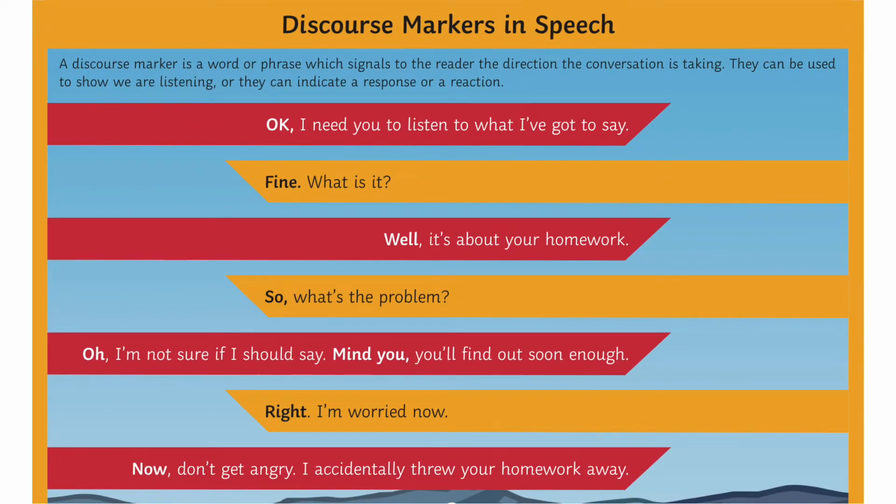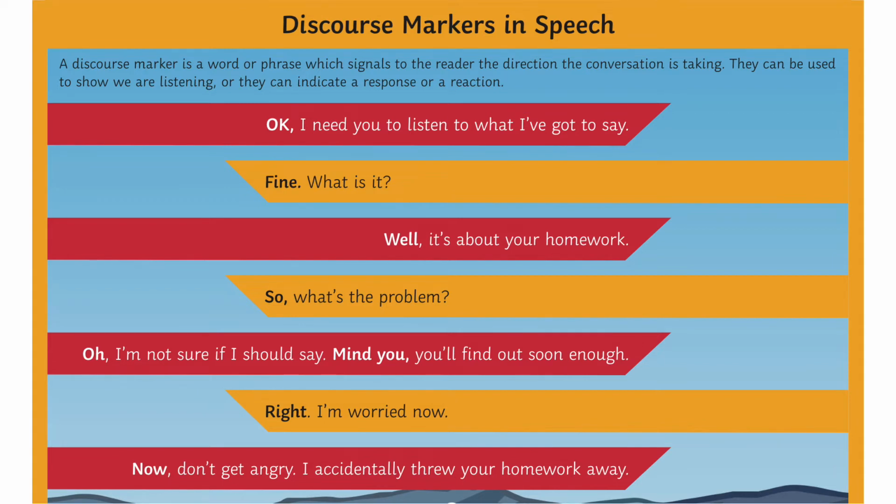Other than in writing, we also use discourse markers in speech. Look at these examples. Okay, I need you to listen to what I've got to say. Okay is a discourse marker. Fine, what is it? Fine is a discourse marker in this speech.